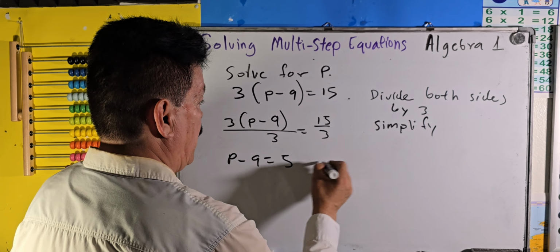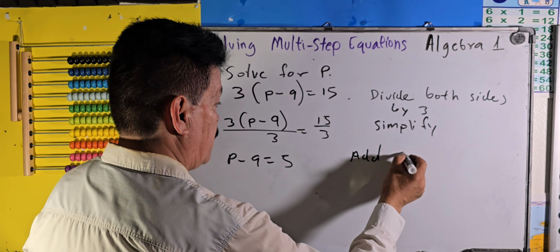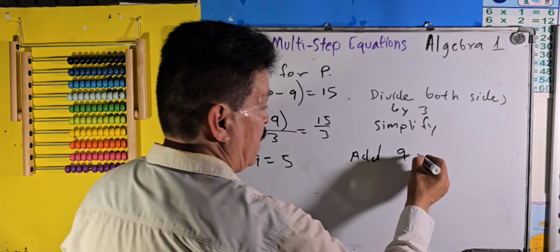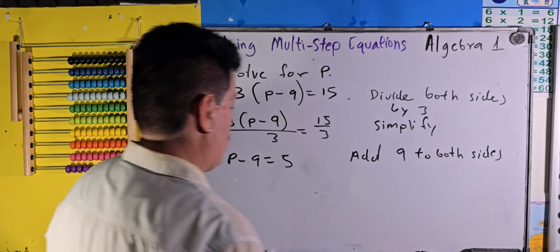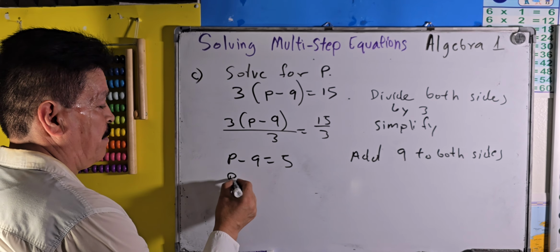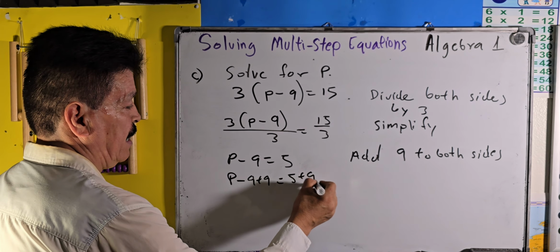Now we have to add 9 to both sides. If you do that, we will have p minus 9 plus 9 equals 5 plus 9.